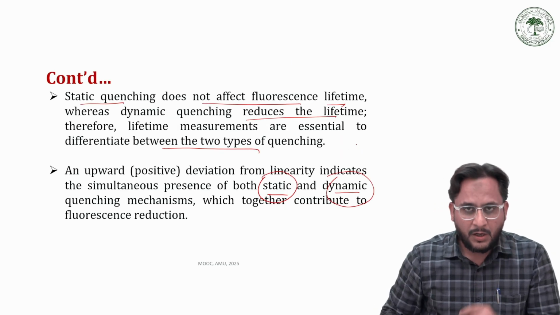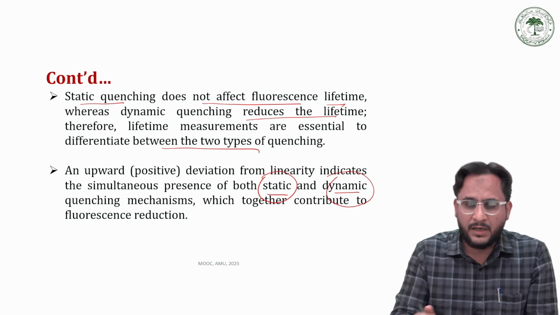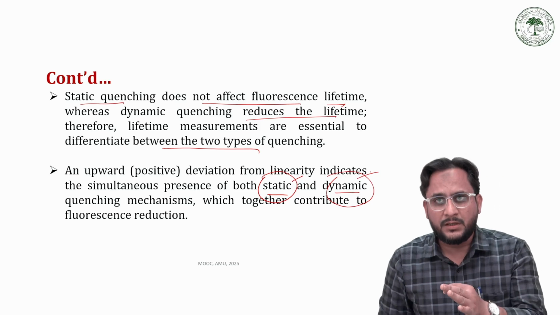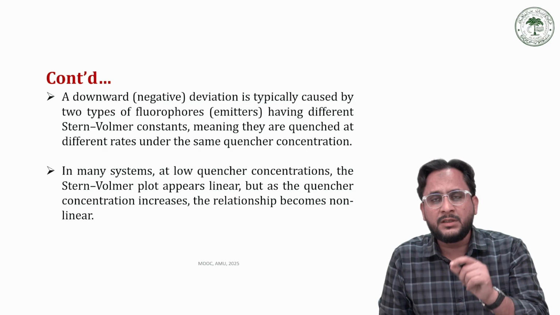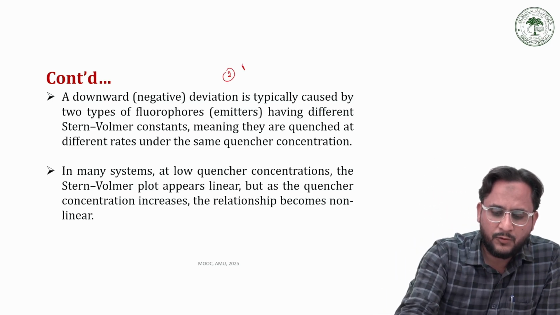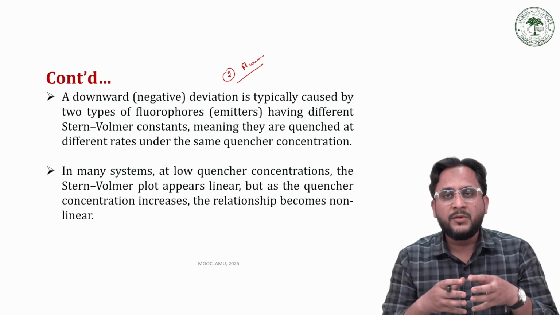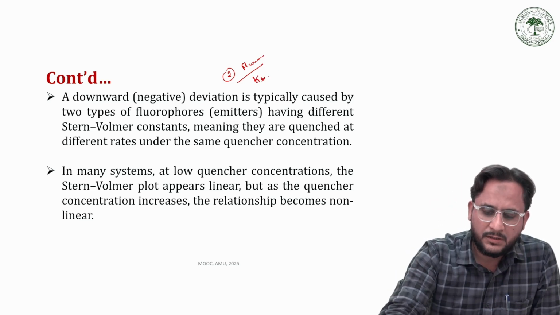We have two types of deviation: upward deviation and downward deviation. Now upward deviation occurs when we have both static and dynamic quenching taking place together. While in case of downward deviation, we actually have two fluorophores in a sample, two fluorescent molecules which cause the emission of light, and because of these two fluorophores, we have two Stern-Volmer constants, KSV1 and KSV2.